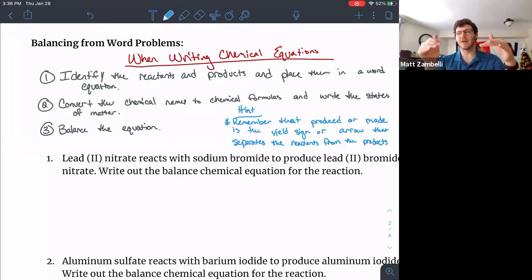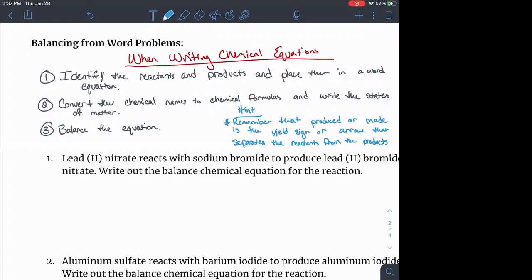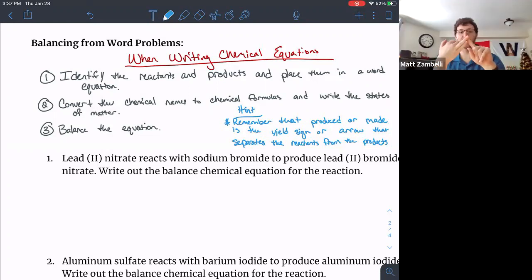So in order to do this, we need to remember what the states of matter mean. Can anybody tell me a state of matter? There are 3 of them. Liquid. Liquid is one. Solid. Solid is another one.